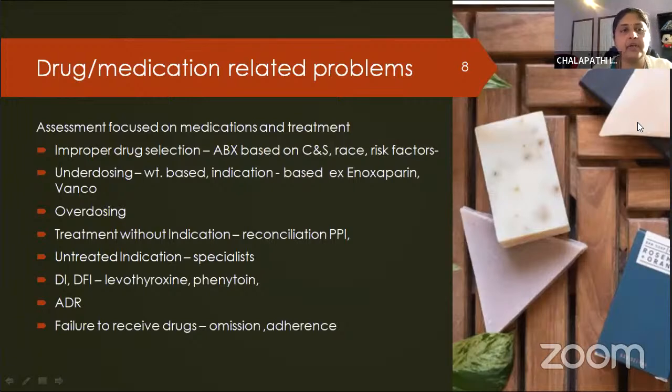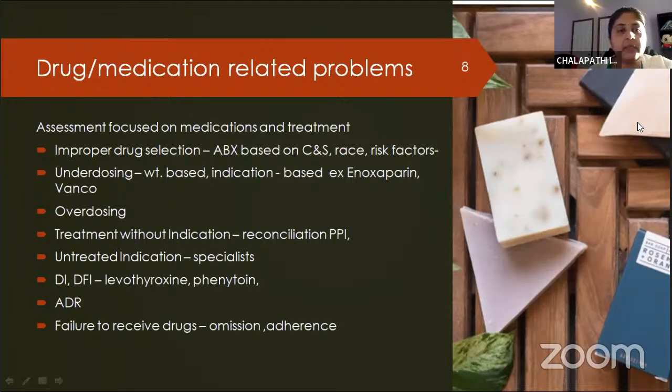At every level of care change, we see medications being added, medications being discontinued, doses being reduced. So it is very important that we keep track of what is happening. At the end of the day, when the patient goes home, they need to be on medications that they really need, not any extra and not missing some of the medications. And untreated indications.